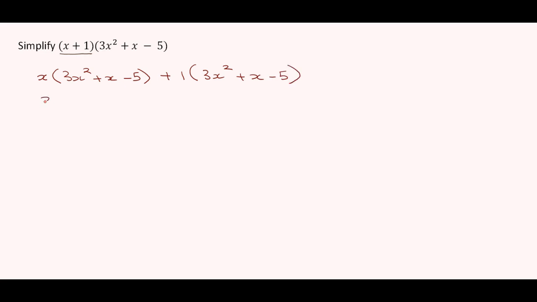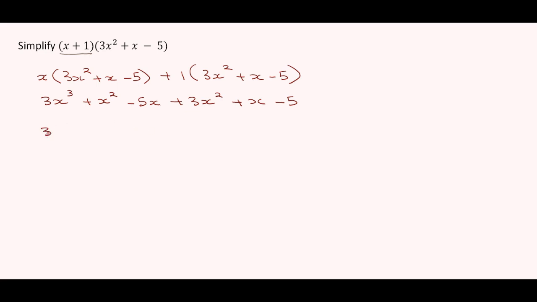So we have 3x to the third power plus x squared minus 5x plus 3x squared plus x minus 5. So now let's group common terms together.